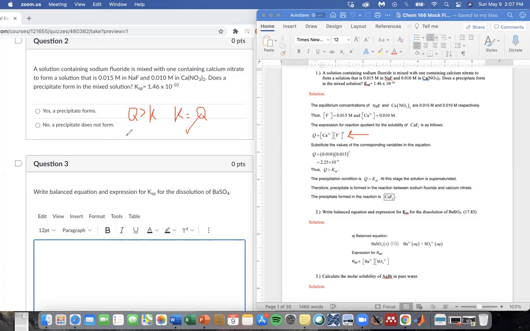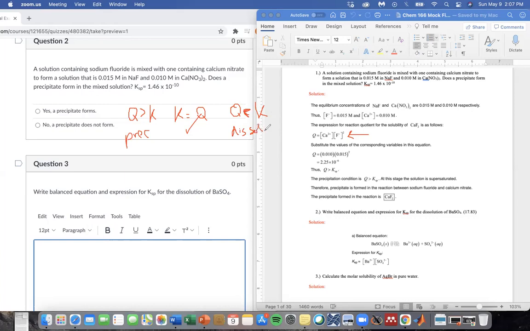And so this is when a precipitate forms. And if Q is less than K, then it'll dissolve more.